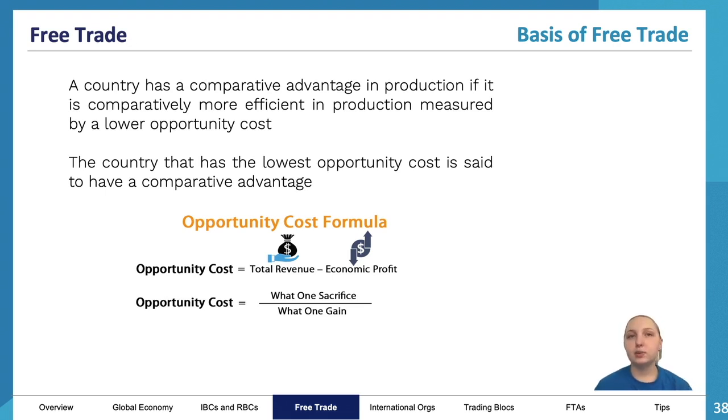There's two ways we can think about opportunity cost. Number one, opportunity cost can be the total revenue minus economic profit. Or opportunity cost, more commonly, is what one has to sacrifice over what they have to gain. The less you have to sacrifice, the lower your opportunity cost is going to be, and thus the greater your comparative advantage is going to be.